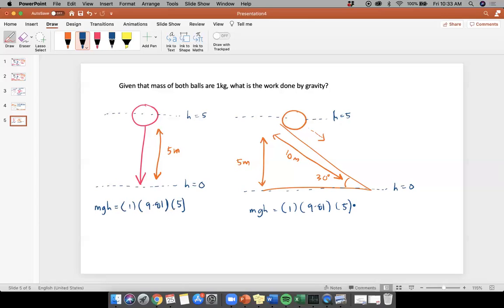Okay, now the first question just now was the initial energy of both balls. The second question is, what is the work done by gravity?